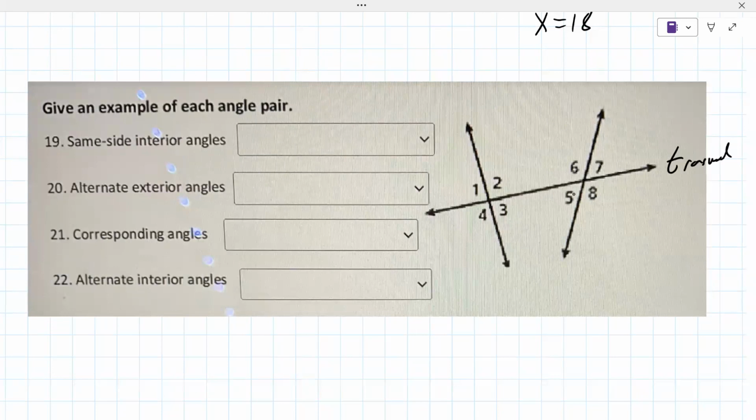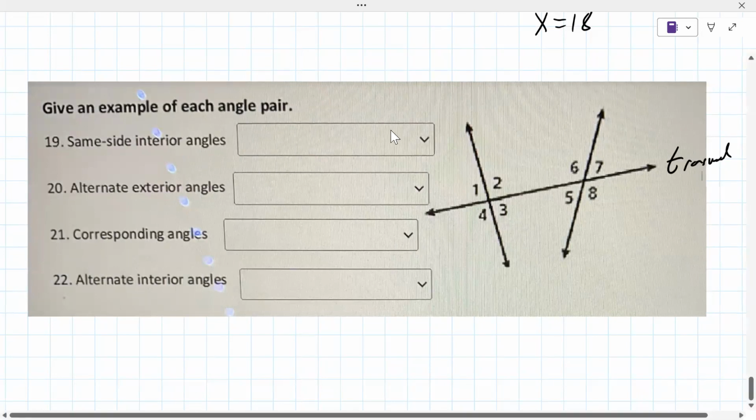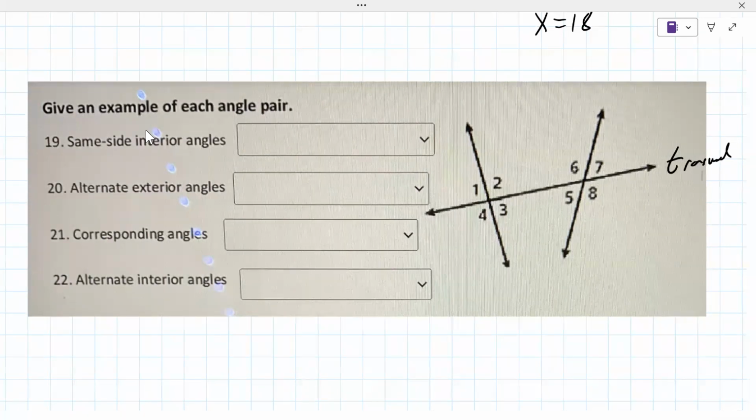So I guess my question is, in the drop down, does it give you all the options or does it just give you one? Maybe that doesn't matter, but maybe you can just tell me some same side interior angles and I'll tell you yes or no on that. Uh, 2 and 6.